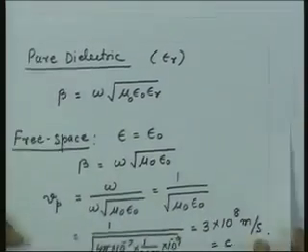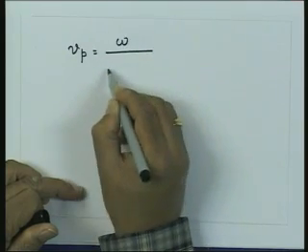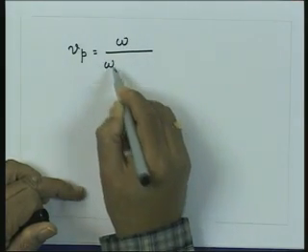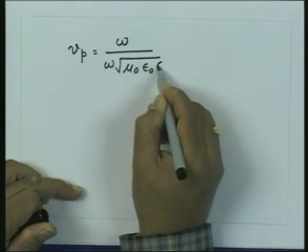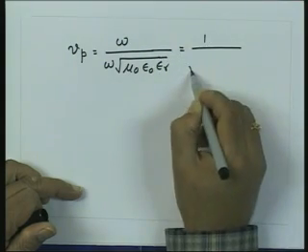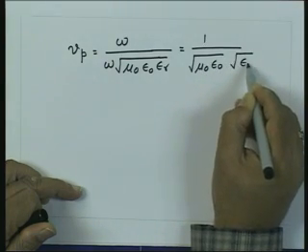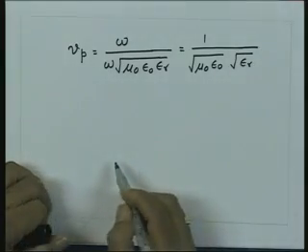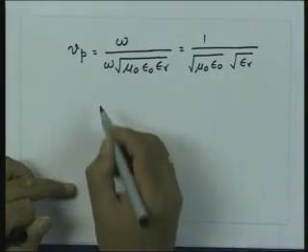So essentially the velocity of a wave in a dielectric medium, Vp, will be omega divided by omega square root mu 0 epsilon 0 epsilon r, which is 1 upon square root mu 0 epsilon 0 into square root epsilon r, and this quantity 1 upon square root mu 0 epsilon 0 is nothing but the velocity of light in vacuum, which is c.